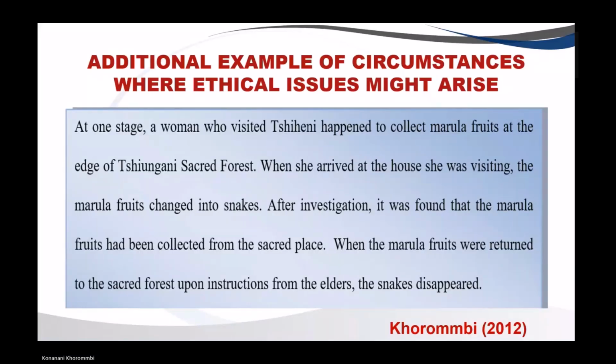But when this woman arrived at the house she was visiting, the marula fruits changed into snakes. After investigation, it was found that the marula fruits had been collected from the sacred place by this woman. When the marula fruits were returned to the sacred forest upon instructions from the elders, the snakes disappeared.